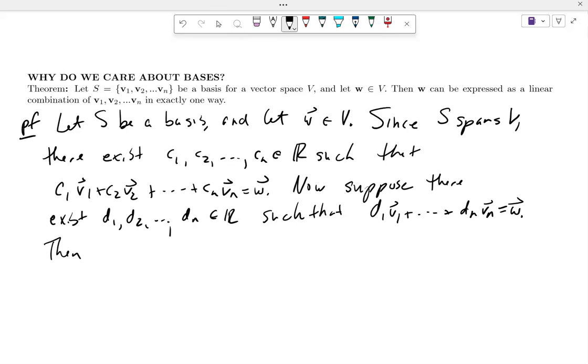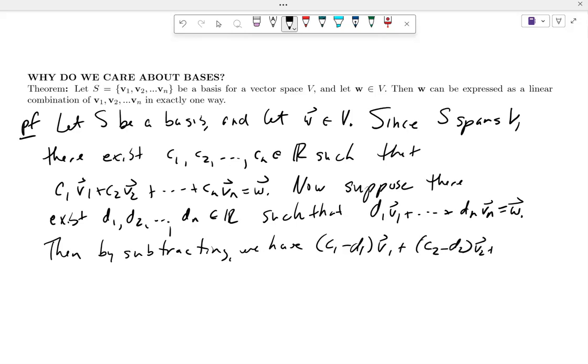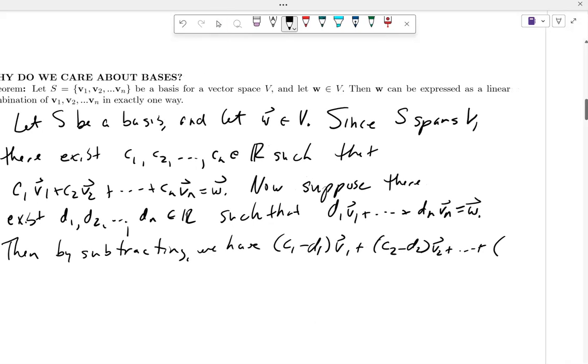If I subtract, and combining like terms, we'll have C1 minus D1 times V1 plus C2 minus D2 times V2 all the way out to Cn minus Dn times Vn equals the 0 vector. Subtracting the two, combine like terms essentially.